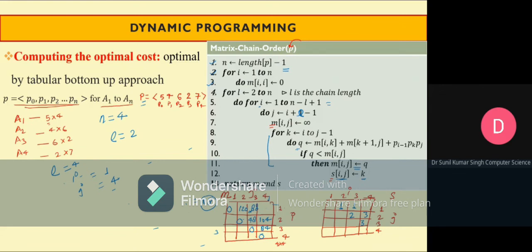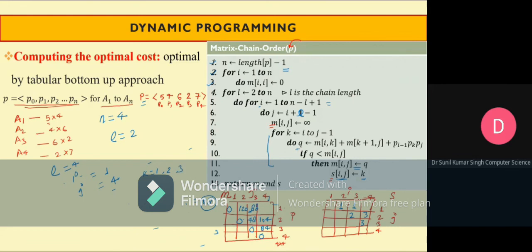Now look at the value of K. K will go from 1 to j minus 1. So j minus 1, that is 4 minus 1, 3. So k will take 3 values, 1, 2, and 3.